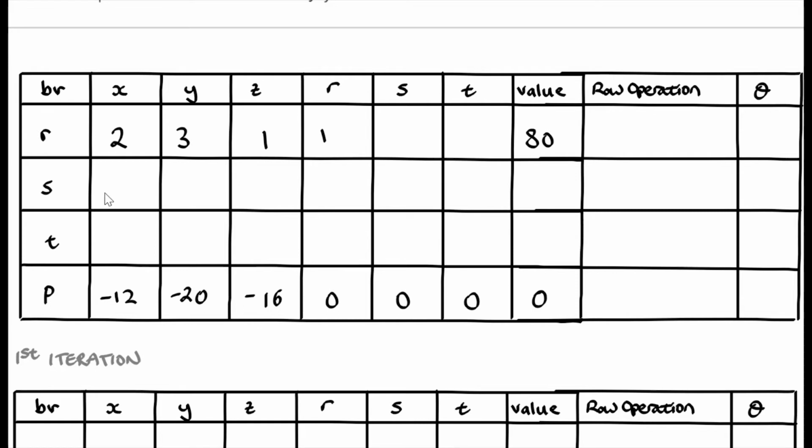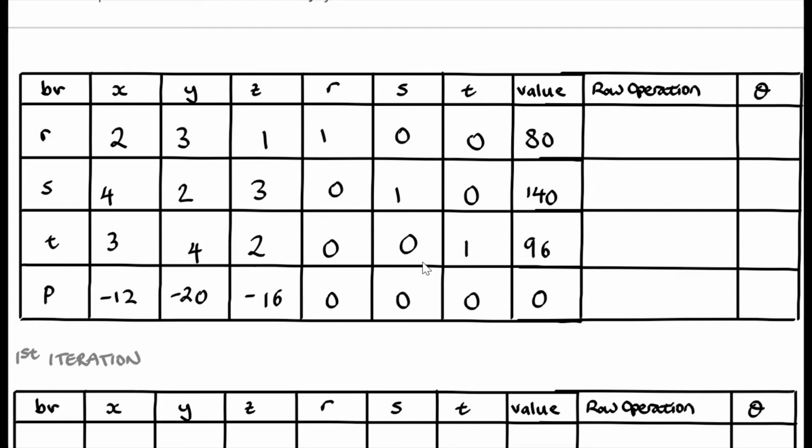And then we had 4x plus 2y plus 3z plus s equals 140. And then we had 3x plus 4y plus 2z plus t equals 96. And then we fill the rest over here with zeros.